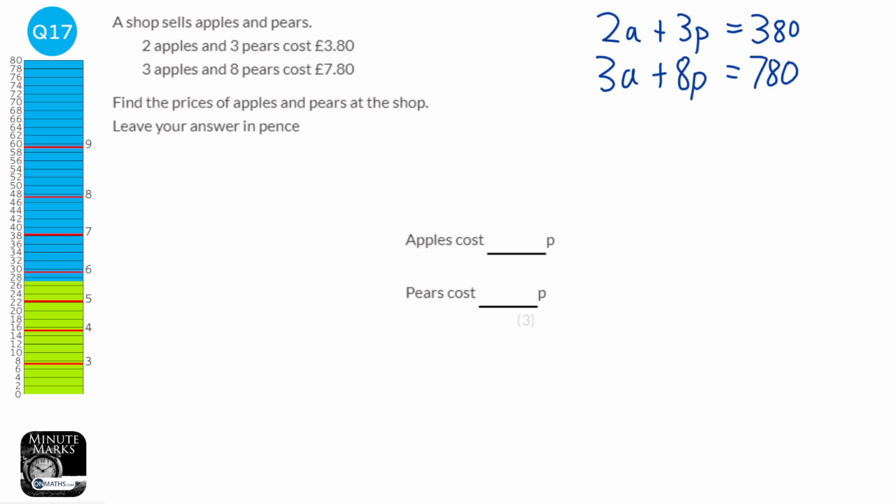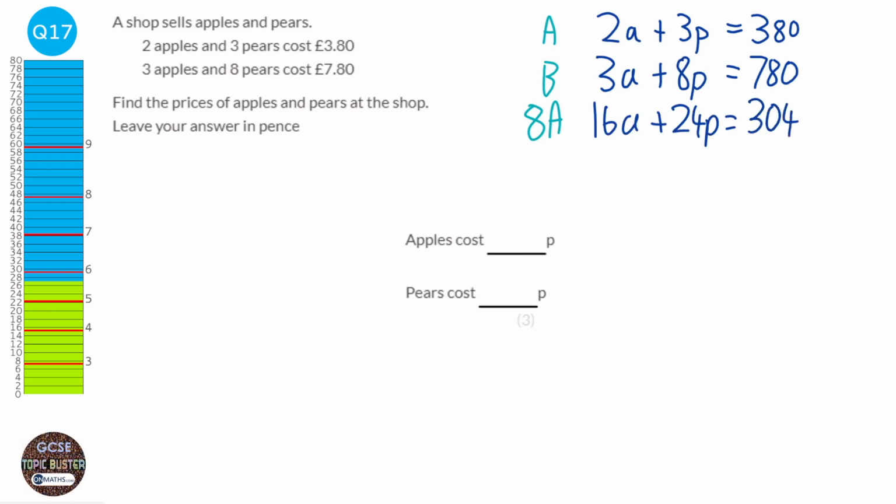Okay, so the first thing I do is try and get these numbers the same. 3 and 8 both go into 24, so I need to make them both 24. Some people label this A and this B. What we're going to do is multiply everything in equation A by 8, so that this becomes 24. So 2a times 8 will be 16a plus 24p, and 380 times 8 is 3040.